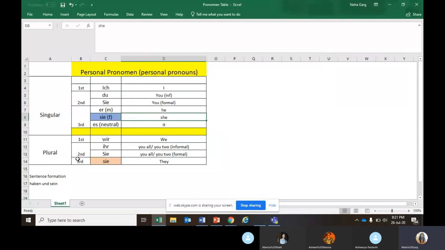But now in the plural case, we are saying they, third person. Let's say if Ashwarya and I are talking about other students, like how they are, what their names are or anything, that would be Z, this plural third form, they. But if I'm talking to Ashwarya directly, this would be this blue highlighted Z.